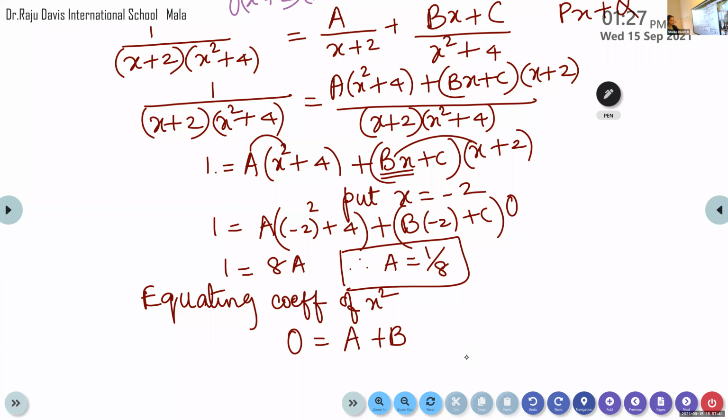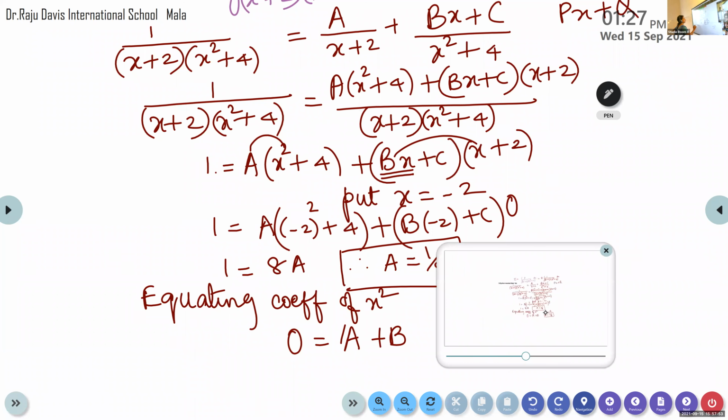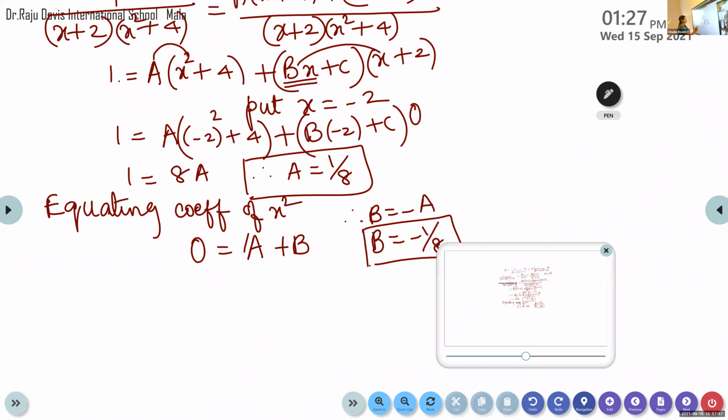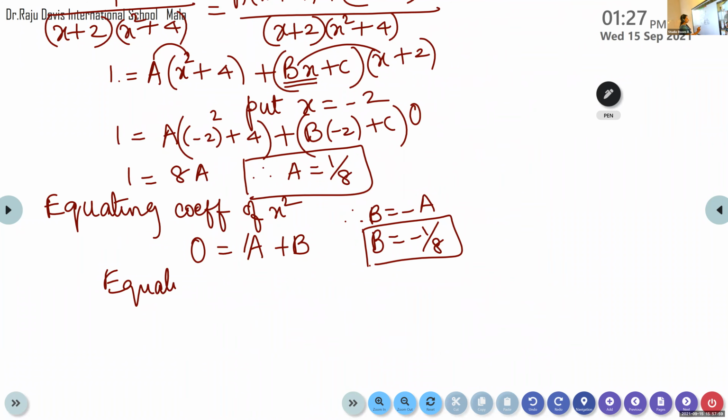Now we have to find c. For finding c, what can we do? C is the constant term, isn't it? So if you want, we can equate constant terms. Constant means the term without x.